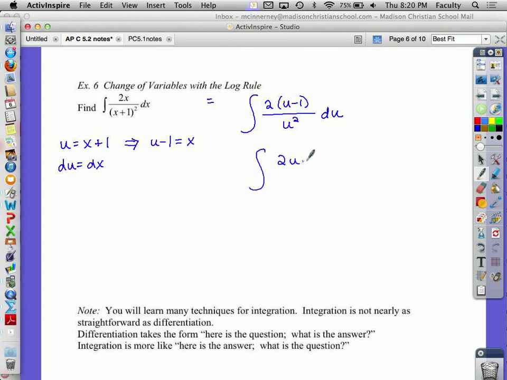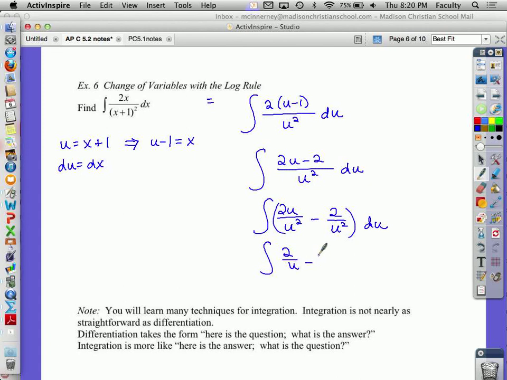Then this is 2u minus 2 over u squared. And then I can individually divide here and then do my simplifying. I think I can end up with 2 over u minus 2u to the negative 2 power.